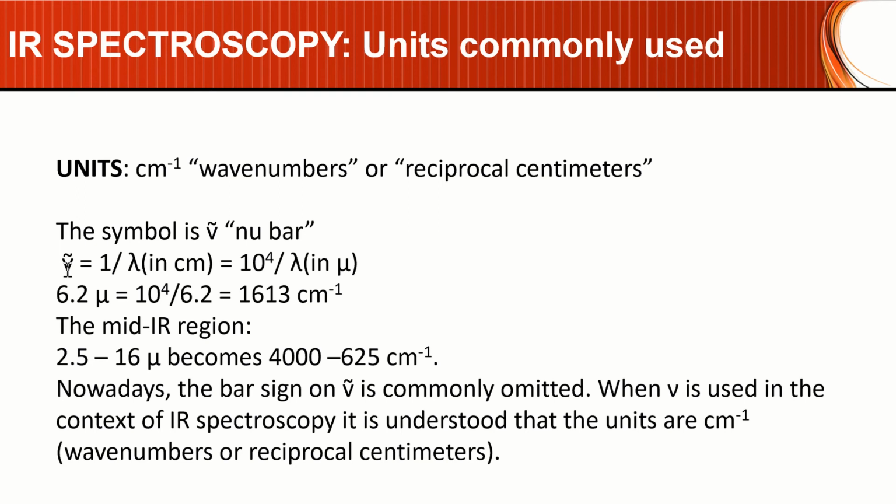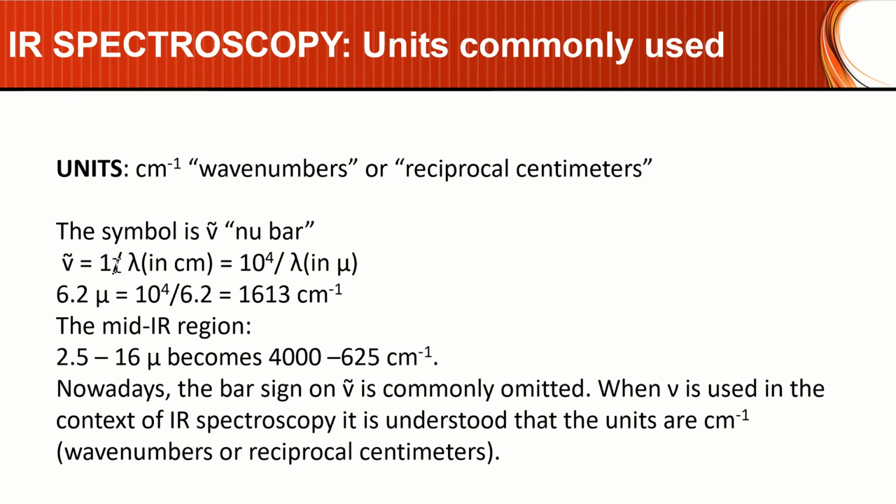Nu bar is equal to 1 over wavelength, right? So when wavelength is in centimeters, it's equal to 10 to the 4 divided by the wavelength when wavelength is in microns, right? So think of it this way.